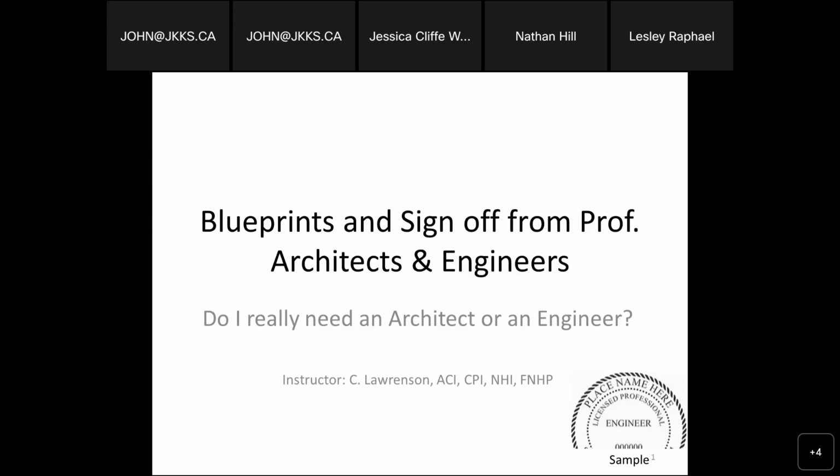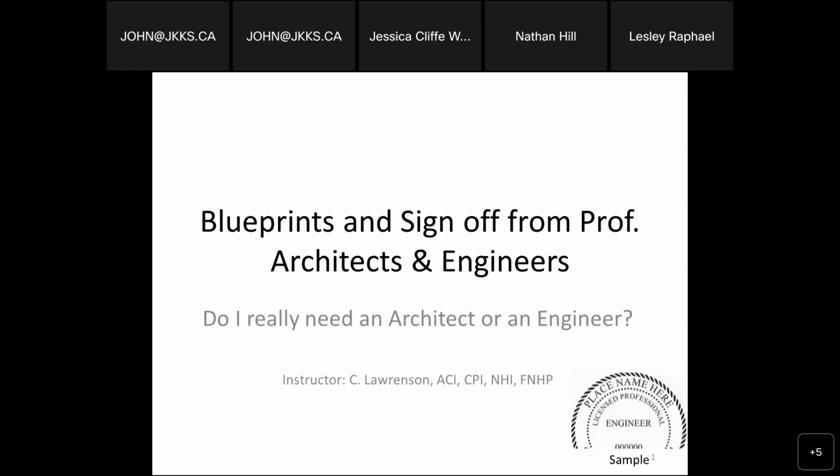Okay, so do I need an engineer, an architect, or actually do I need both to complete the blueprints and submit the design package to the municipality or perhaps your local building authority for a permit for building approval? So let's consider what this question we really need to think about and hopefully clear up because there can be some confusion.